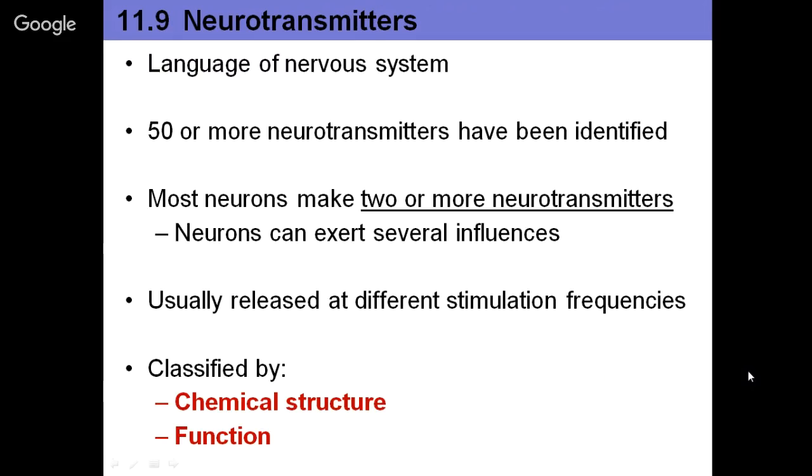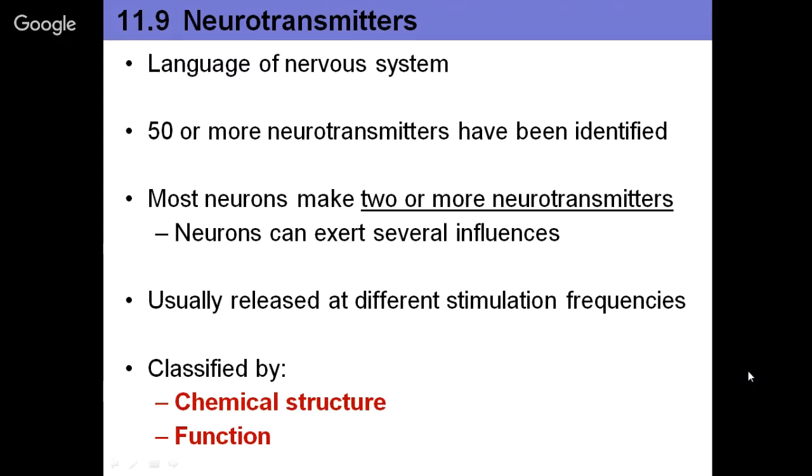The other important topic that we need to discuss related to synapses are the neurotransmitters. Neurotransmitters are the language of the nervous system. There are 50 or more neurotransmitters that have been identified in the nervous system, and most neurons make 2 or more neurotransmitters. These neurotransmitters can exert several influences.